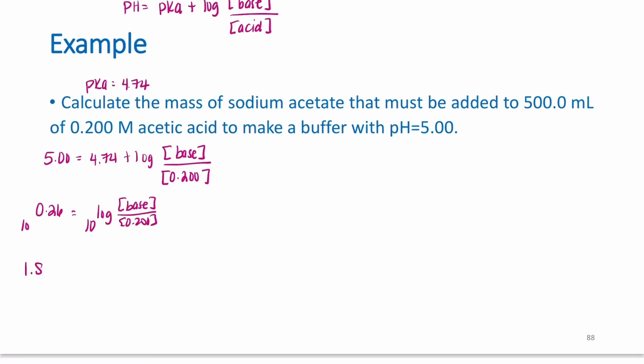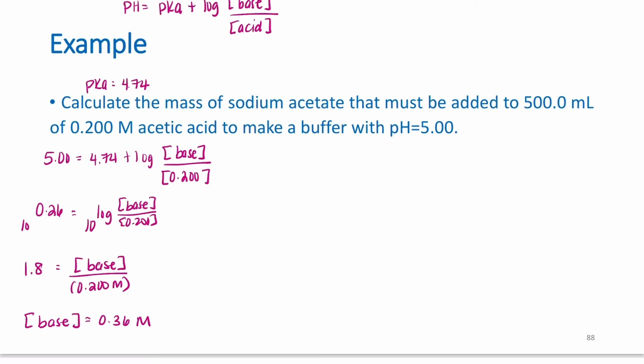This gives me 1.8 equal to the concentration of base over 0.200 molar. Concentration of base here, 1.8 times 0.2, 0.36 molar. So I need a 0.36 molar sodium acetate solution.